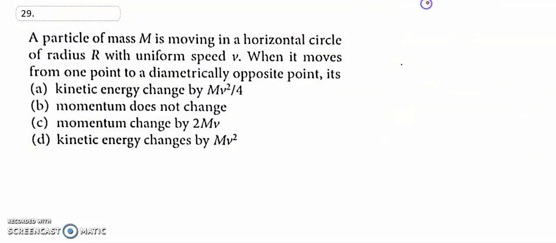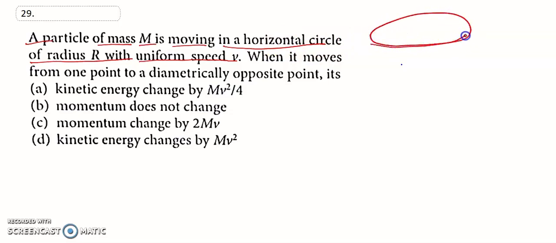The 29th question: a particle of mass m is moving in a horizontal circle of radius r with a uniform speed v. So the particle is moving in a horizontal circle with radius r, and speed v.